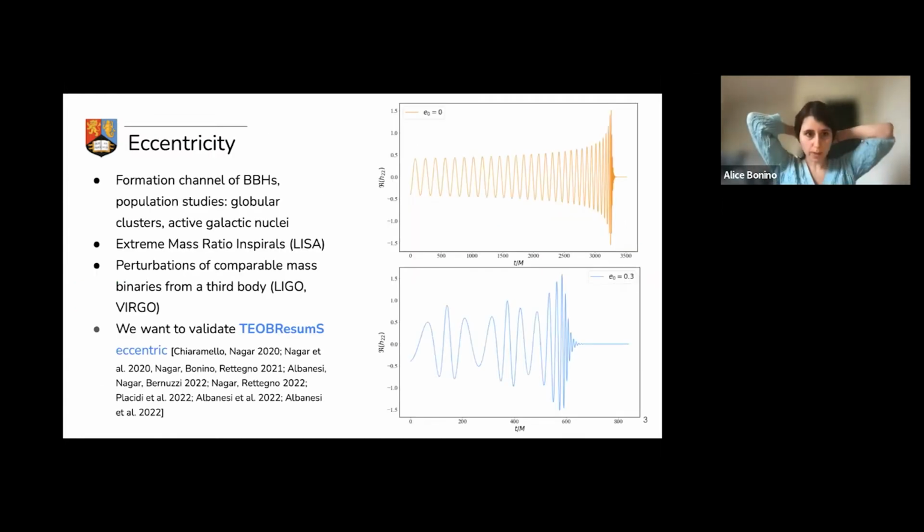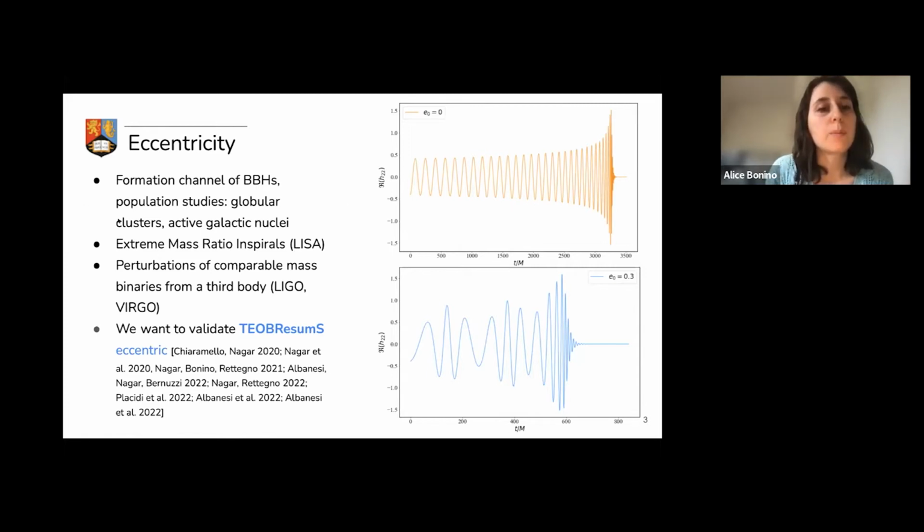So the first question is, why is eccentricity so important? Why do we care about eccentricity? As you can see in these plots, eccentricity induces a modulation in the waveform of the signal that we see from the observations. So if we can detect eccentricity, we can really say something about the system that we are studying.